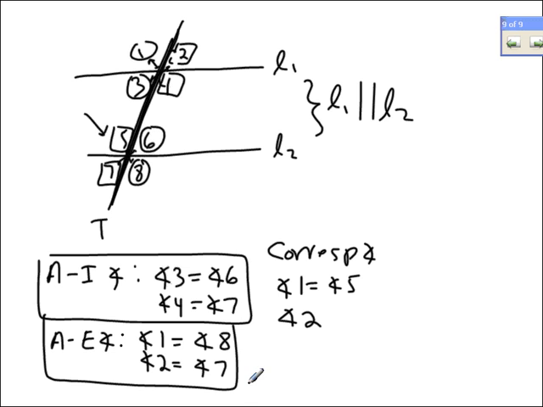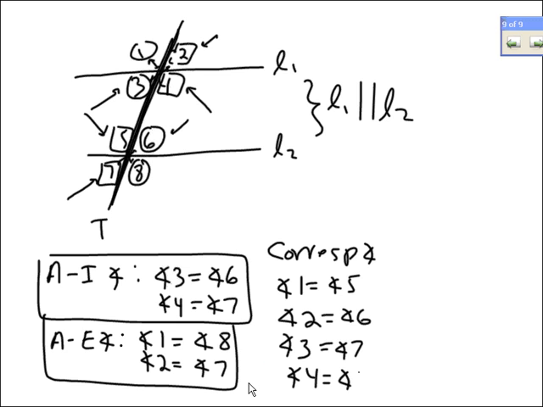Angle 2, the top right angle, is equal to angle 6. All right? Angle 3, the bottom left, is equal to angle 7, in the same location, the bottom left. And the bottom right, angle 4, is equal to angle 8, the bottom right.